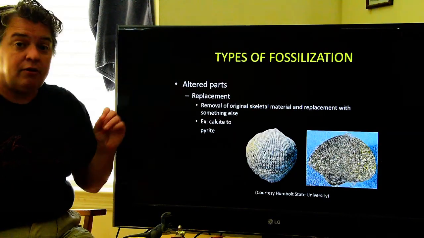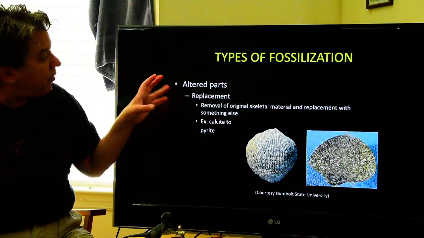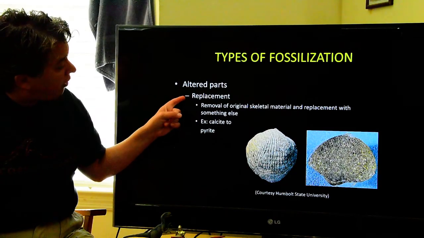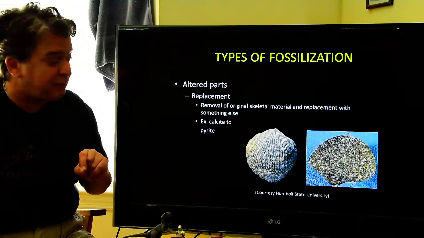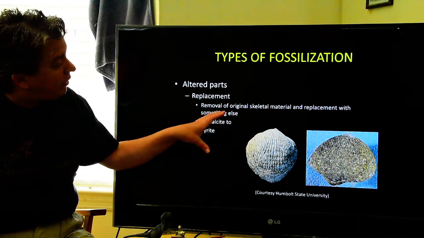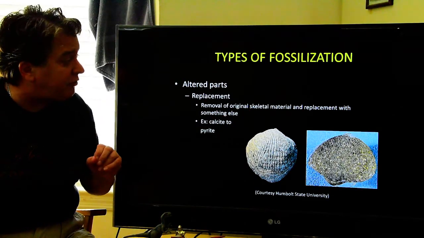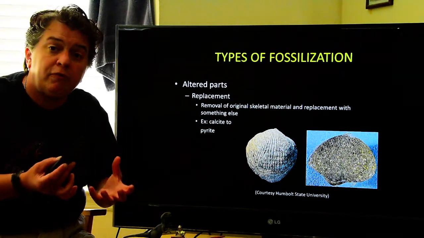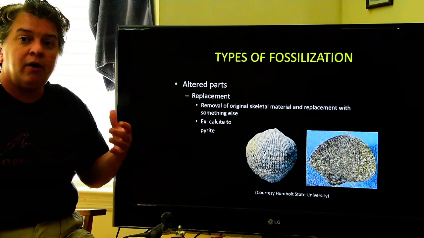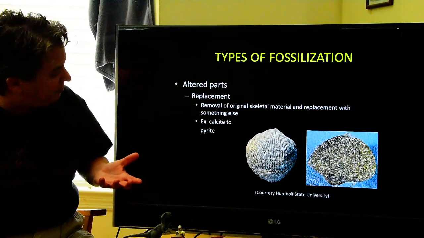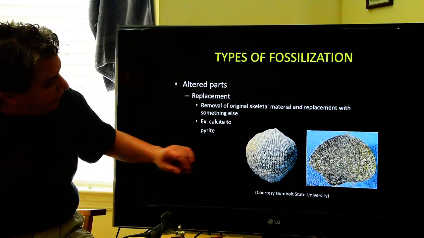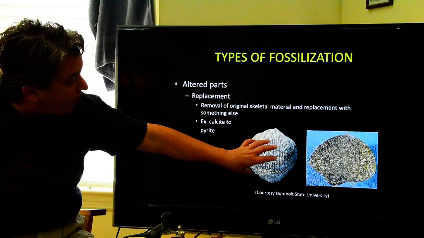Now, in addition to other types of altered parts, you can have replacement. Replacement is where the original skeletal material gets removed and then a new mineral replaces it. In our example here, this is a type of organism called a brachiopod.